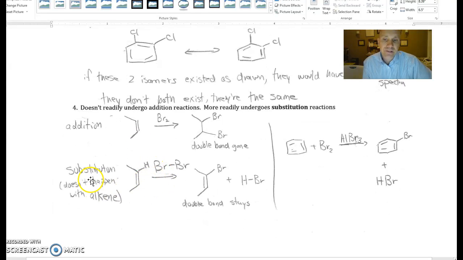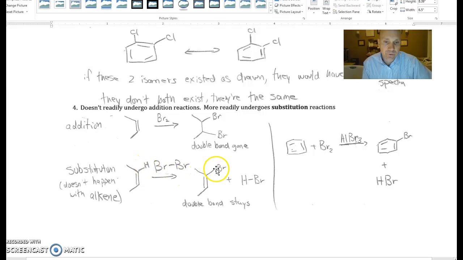In a substitution reaction, and by the way, this would not actually happen with an alkene, I'm just showing this hypothetically to show what the difference between a substitution and an addition is. With a substitution, essentially you're doing just that. Your two atoms are changing places. So if we treated an alkene with bromine and let's say that it did undergo a substitution reaction, one of these bromines would substitute with this hydrogen right here.